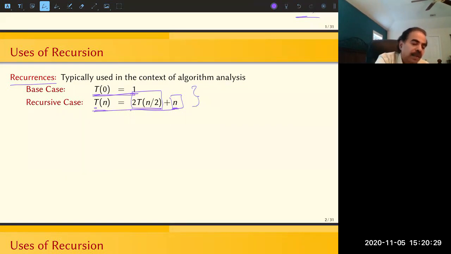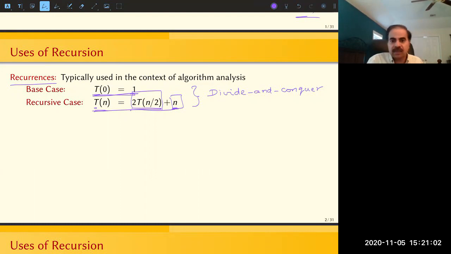This particular recurrence comes up in a class of algorithms called divide and conquer, right? So in order to solve a problem, you take the input, you do some processing on it, and then you divide it into pieces, and then you recursively invoke the algorithm on each of the pieces. Okay, so that all may sound abstract, and that's fine at this point.